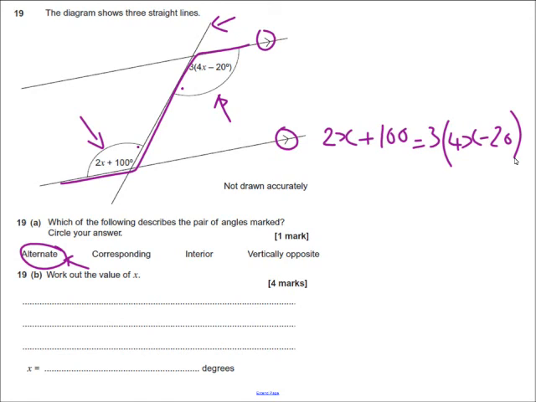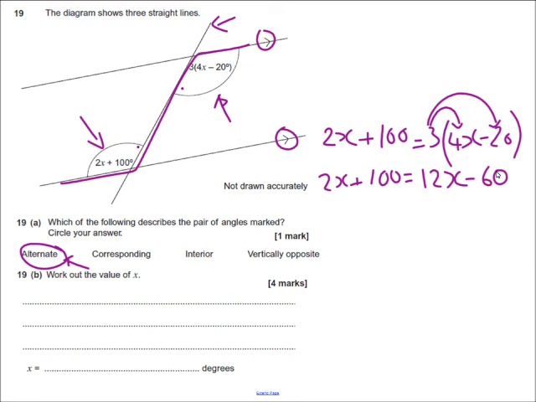Now to solve the equation, the first thing you're going to need to do is open the brackets. So we still have 2x plus 100 on this side of the equation, but when I open my brackets, the 3 times the 4x becomes 12x, and the 3 times the 20 becomes minus 60.